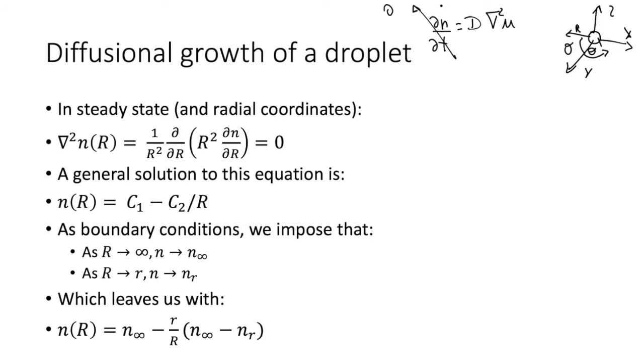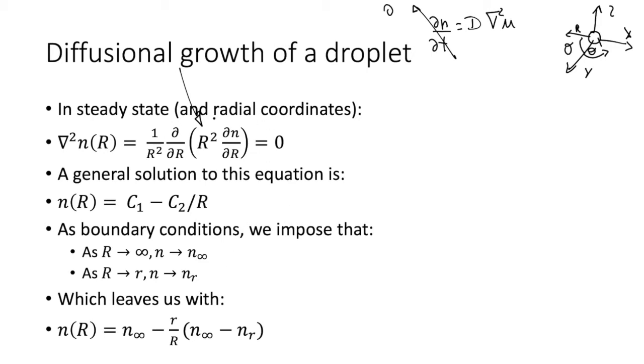We are assuming that n does not depend on theta and phi, and so the terms in the Laplacian that depend on theta and phi, we're just going to say they're 0, and so we're only left with the radial term of your Laplacian. And the radial term is this guy here, okay? So we're assuming that this term is 0.